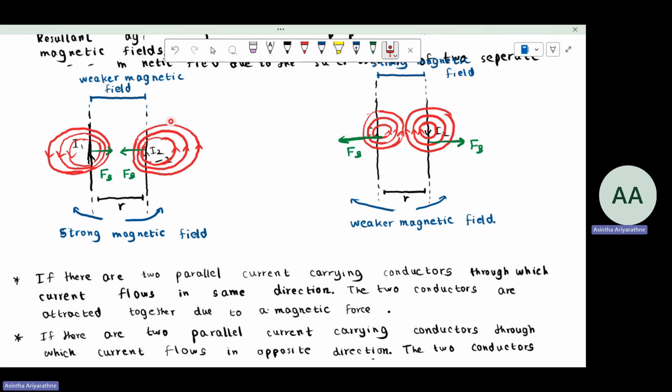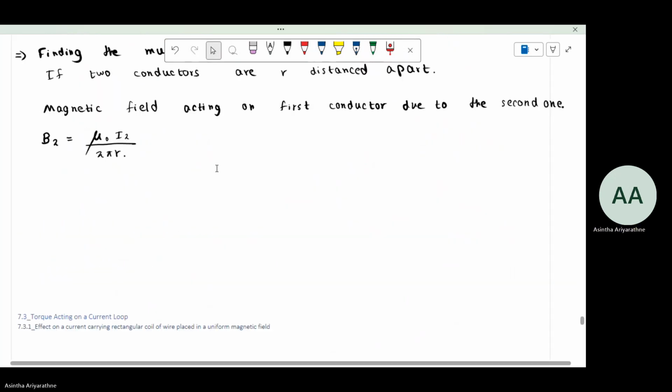Because here the magnetic field acting on the first conductor due to the second one is out from the whiteboard, point the index finger in that direction, then the middle finger in the direction of current, which is upward, then the thumb would eventually be pointed towards right. It's the same direction as before. Then here, the force.